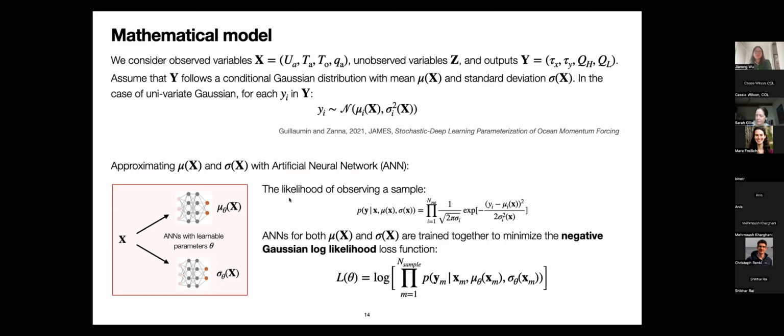And we learn these parameters theta by minimizing the negative log likelihood loss function. This is basically saying that if we assume the distribution is this conditional Gaussian, then the likelihood of observing a sample is as follows. So we maximize the likelihood of observing all our samples, which is equal to minimizing the negative log likelihood.